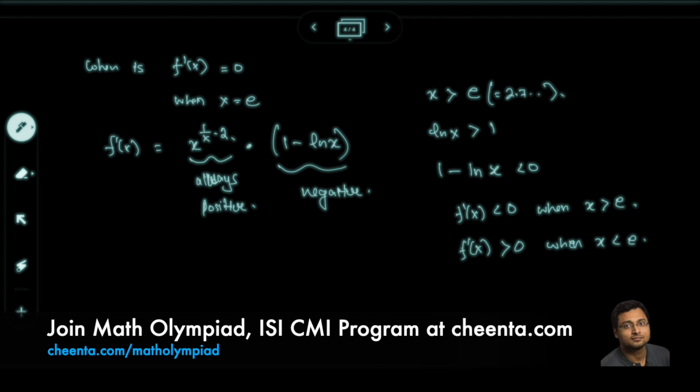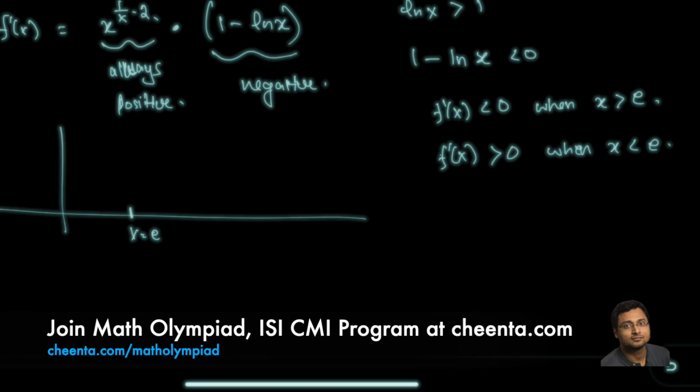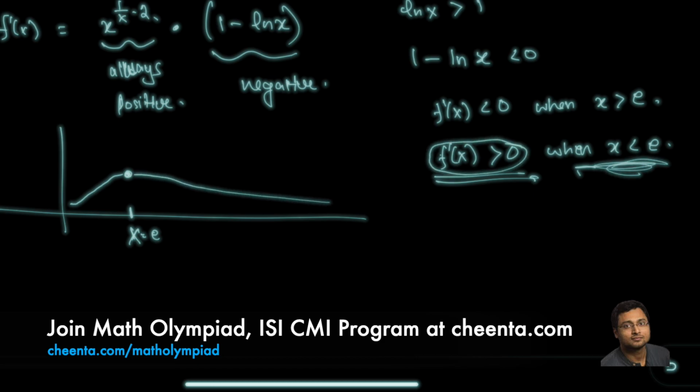So now we have a very clear picture. At x equals e, the function reaches the peak, and before that it increases, because f prime x is greater than 0 when x is less than e, and then it decreases, sort of like this. So we are only interested in this x equals e value.